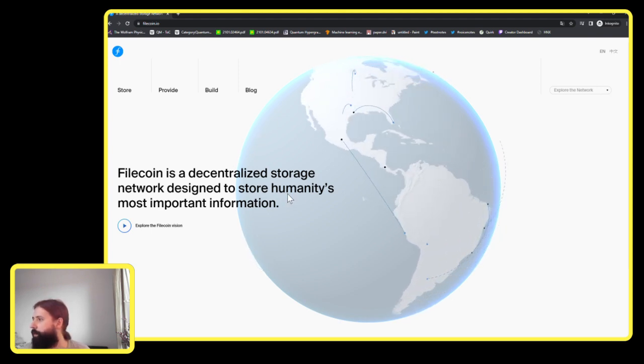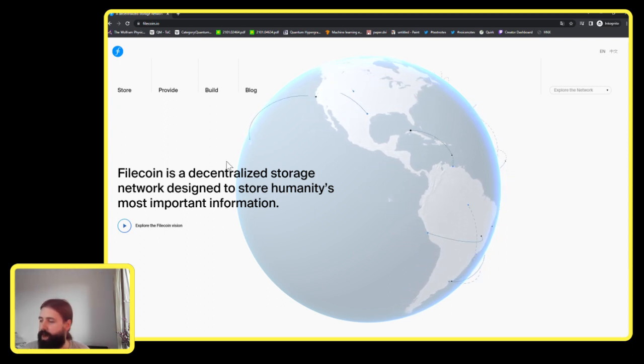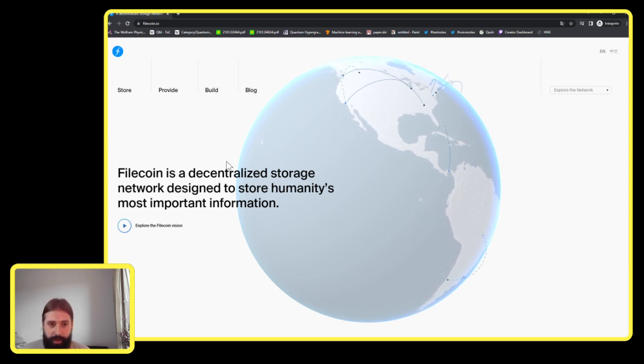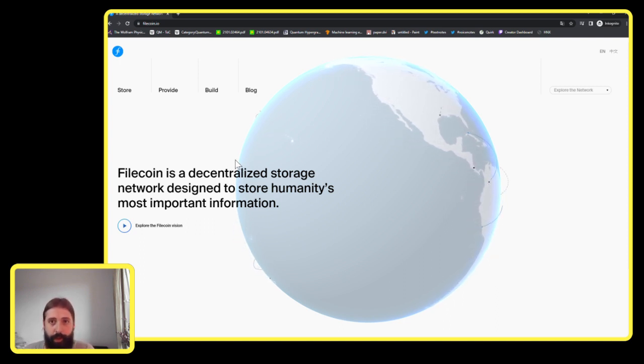Filecoin adds an economic incentive layer on top of that. So it basically pays nodes to actually pull information. If you want your data to be hosted somewhere that's not on your computer, you better pay for it, right? That's the whole essence of that economy. It's really in a way a marketplace.